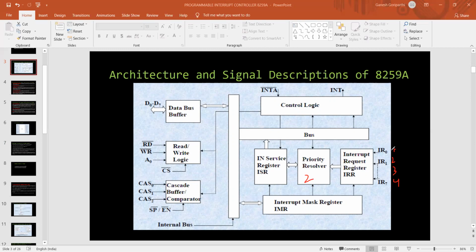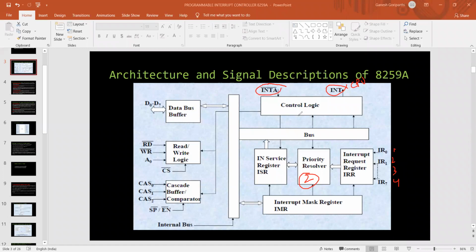After resolving this priority, the 8259 sends an interrupt request to the CPU. Now the CPU sends an interrupt acknowledgement signal that I am ready to accept the interrupt.